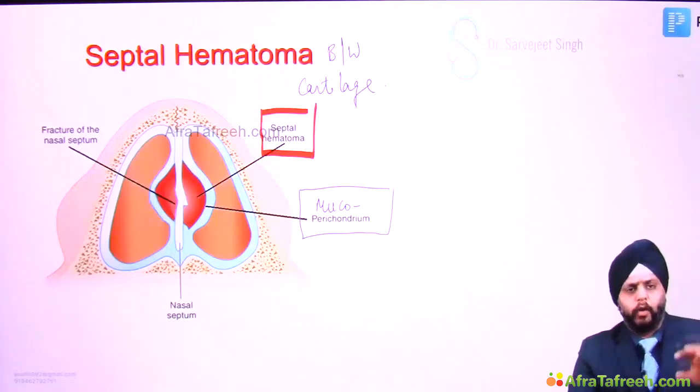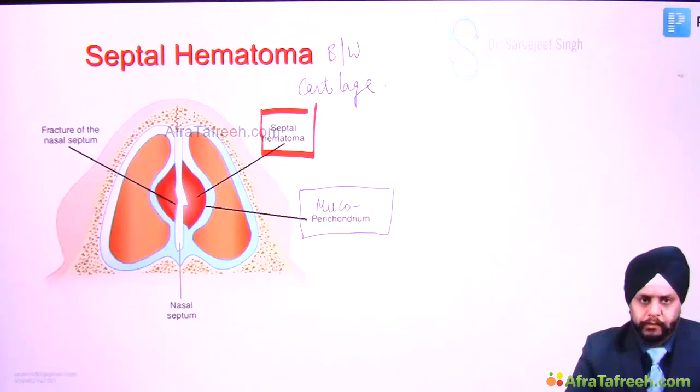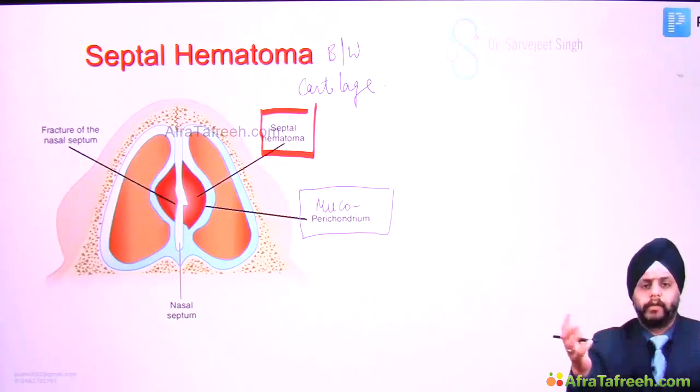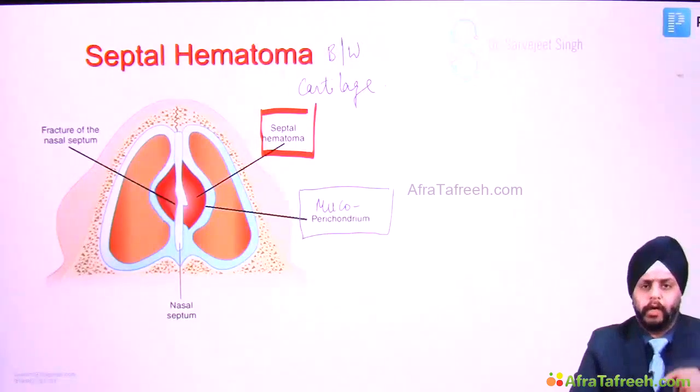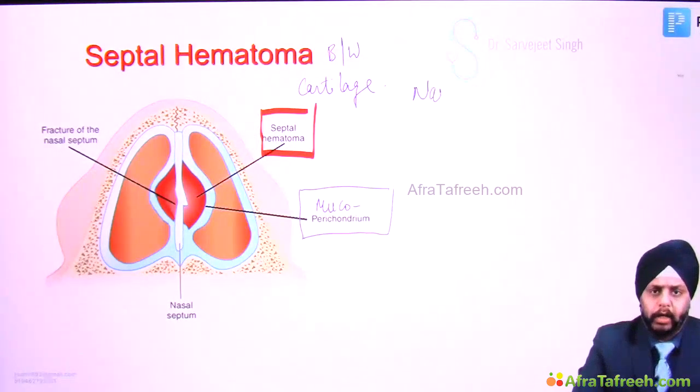Now, how will this patient of septal hematoma present to us? What do you see over here? There is a hematoma, it will block the nasal cavity. So the patient will come to us with complaint of nasal obstruction. Now, most important point, on which side?